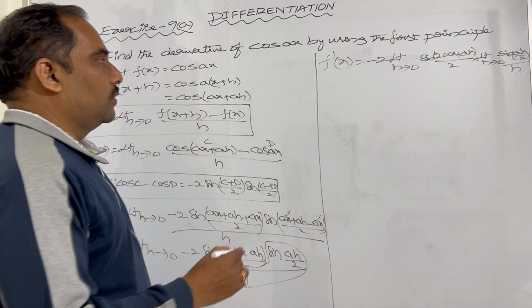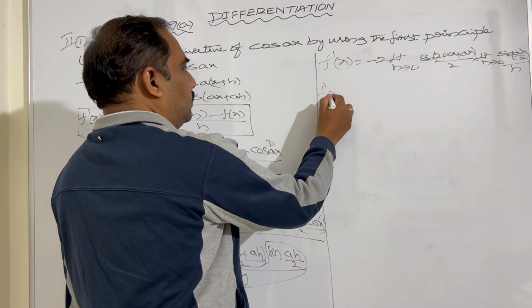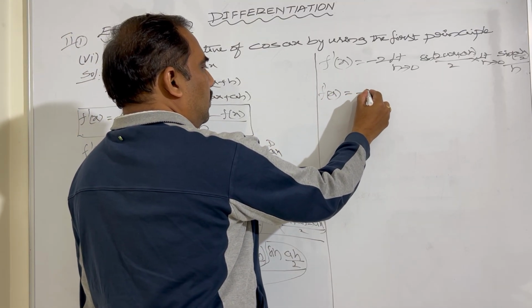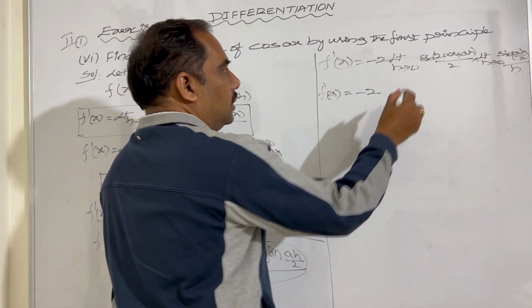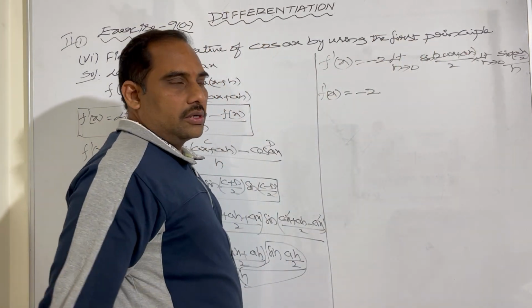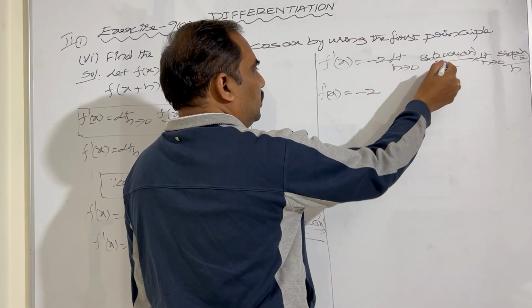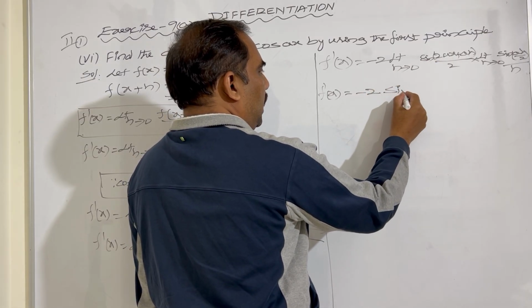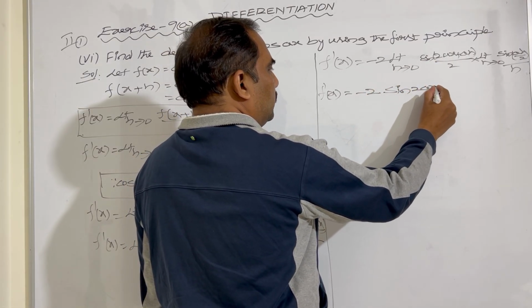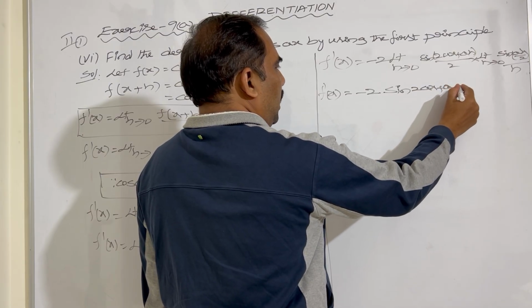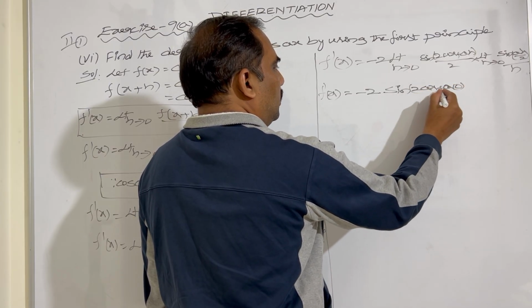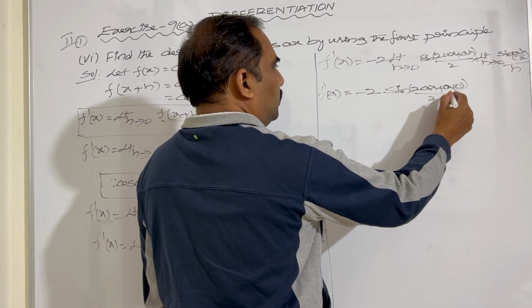So f dash x is equal to minus 2 into, if you substitute the limit h tends to 0, sine of 2ax plus a into 0, whole divided by 2.